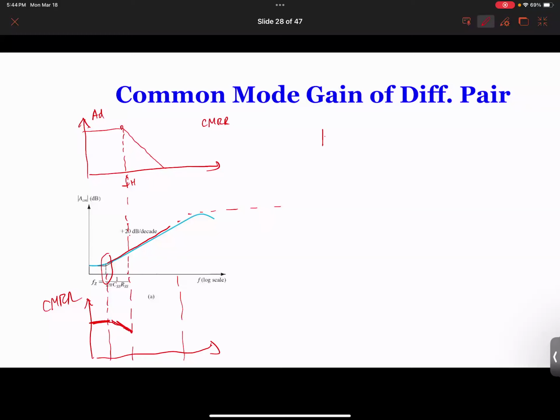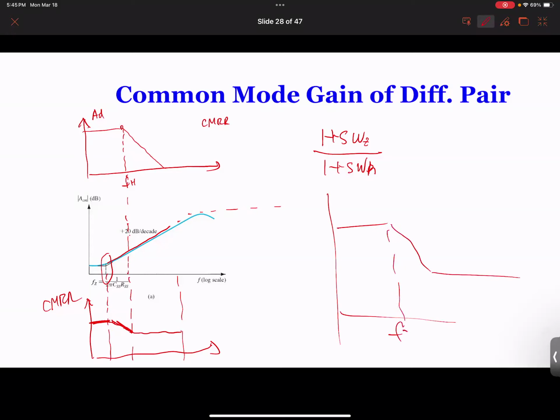So basically you have 1 plus S over omega zero, and then you have 1 plus S over omega pole. So when S is at FH, these two cancel, then you have this constant. If I enlarge this one, basically it's like this, and this is your FZ, your FH.